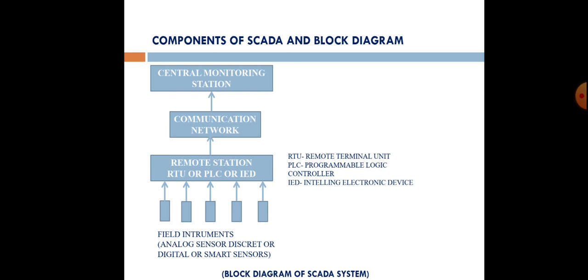In this, 0 to 5 volt, 0 to 10 volt, 4 to 20 milliampere, 0 to 20 milliampere are the industrial standards. Current type signals are employed as less error is produced when the signal has to be transmitted over a long distance.